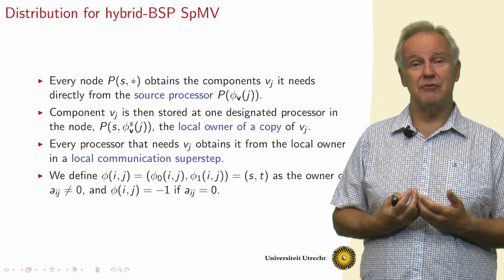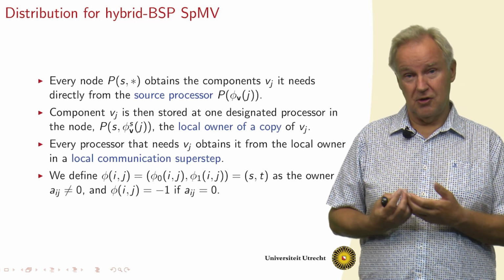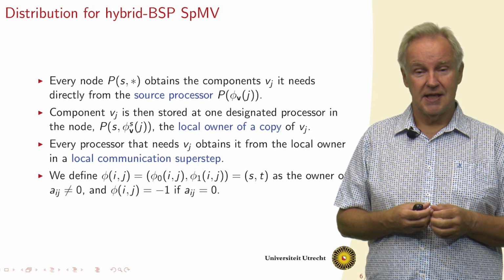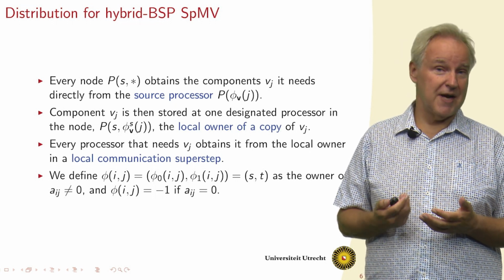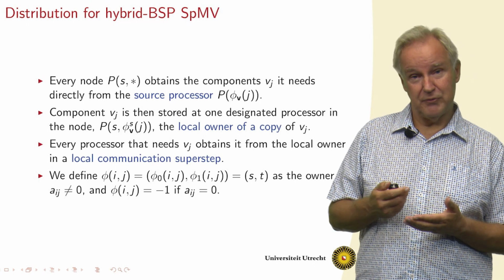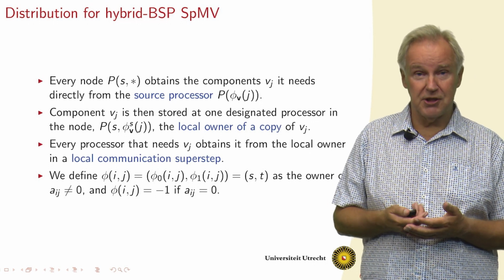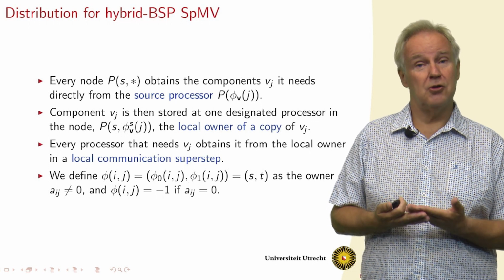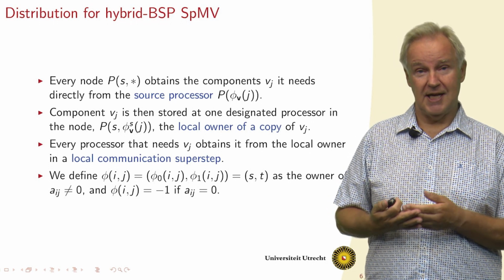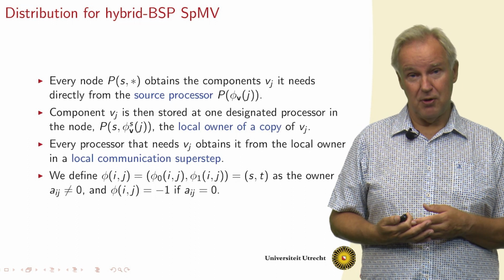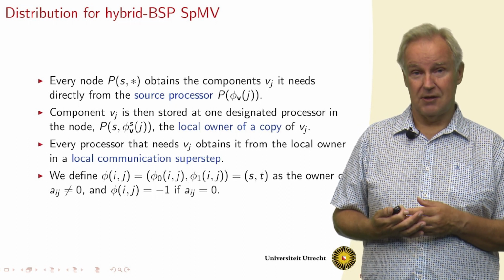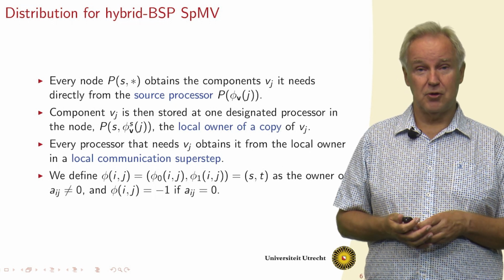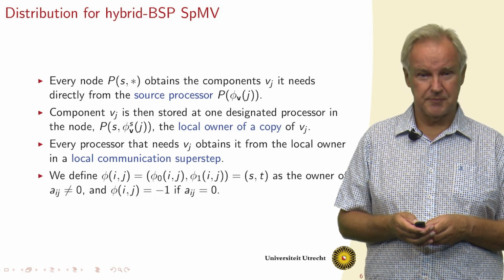And then if we have locally stored on a core a non-zero a_ij, then we have a function phi of ij where the first component, phi_0 of ij, denotes the node in which it is stored, and the component phi_1 of ij denotes the core in which it is stored.